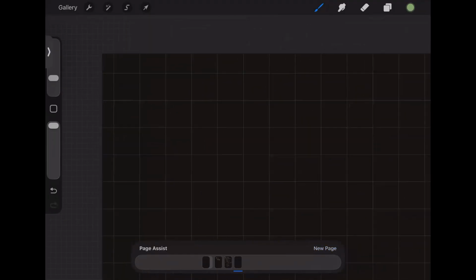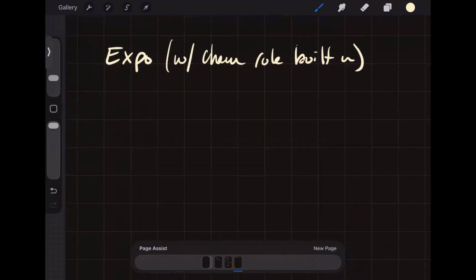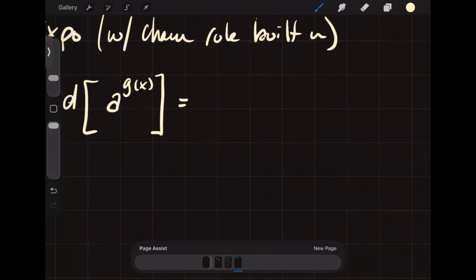So the exponent rule with a chain rule built in is going to look like this. It's going to look like the derivative of a to some g of x, right, is going to be a to the g of x times ln of a times g prime of x.